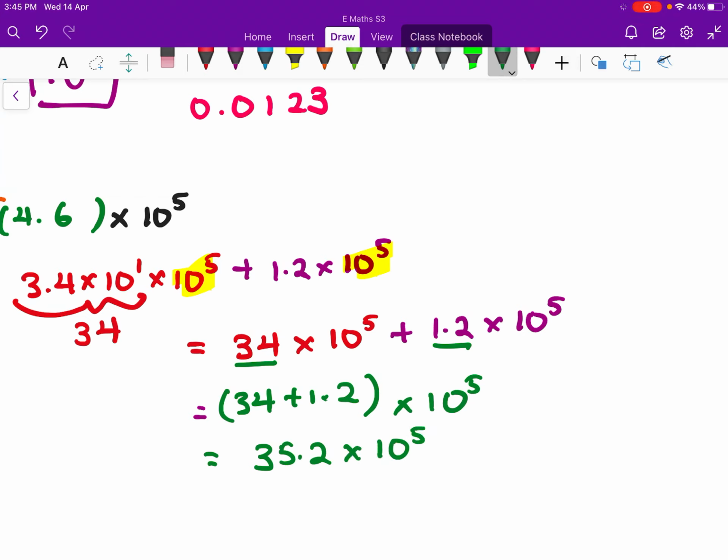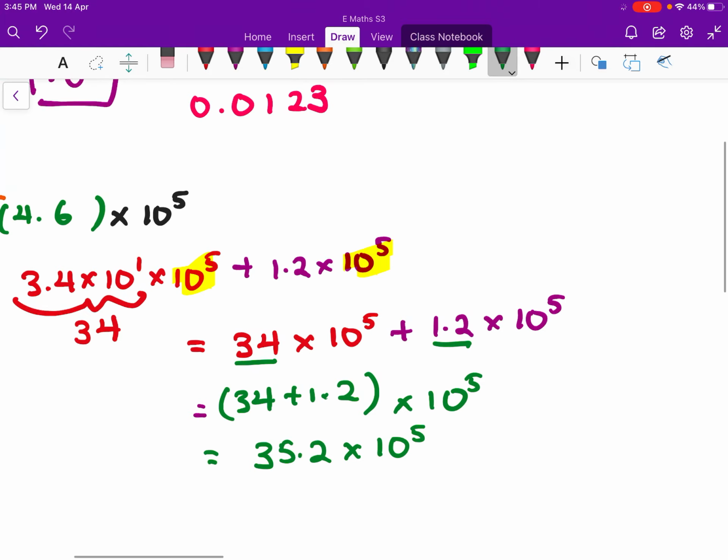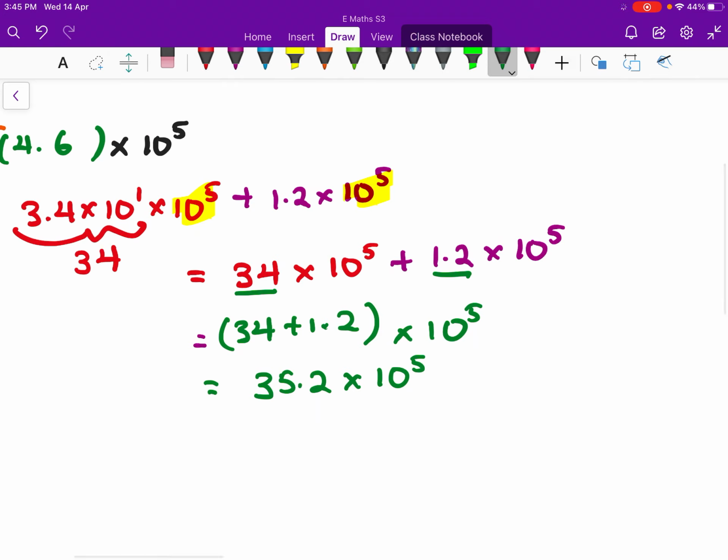Of course, if you leave it like that, they cannot fault you. So you can leave it like that, or you can change to the more appropriate form. Remember the first number we try to put in terms of less than 10 and more than 1. So just put 3.52 times 10, because 35.2 itself is 3.52 times 10 to the power 1.